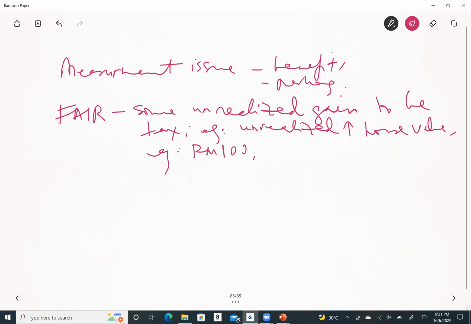You don't have the money, it's just on paper, and yet you are taxed on that. So these are some issues. And another thing is that we are talking about, let's say, two individuals.